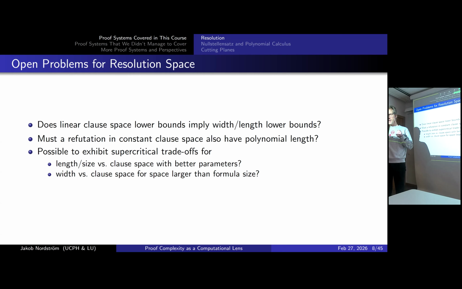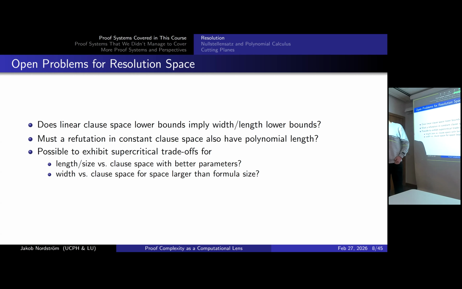And even shaving, say, a factor 2 off the clause space, so still superlinear clause space, turns the refutation length up to super polynomial. The parameters of this result were very weak, so it would be nice to get stronger parameters.